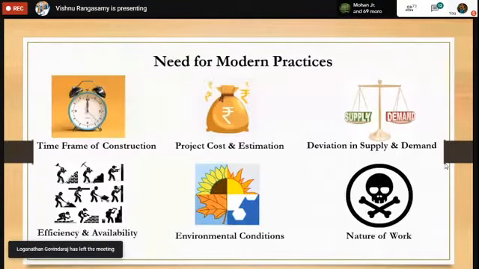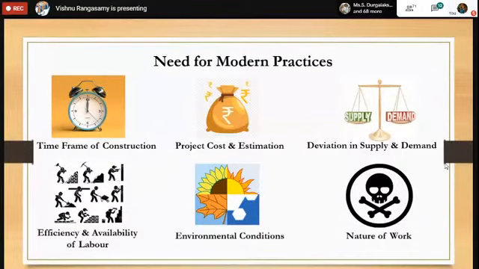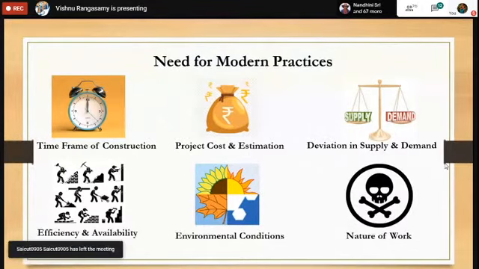So what is the need for modern practices? First, the time frame of the construction. You need to complete the construction within the time frame. In many projects that we come across in our daily life, the client gives us a time frame like 6 months. We will deal with some examples in the next slide. Next is the project cost and estimation.